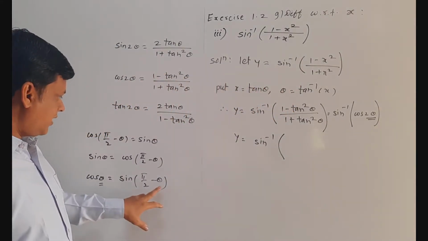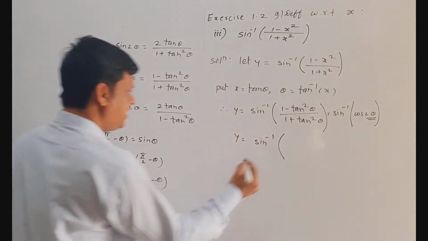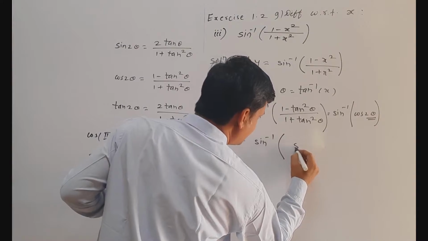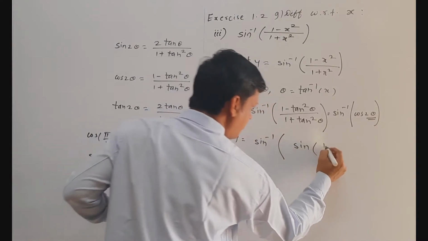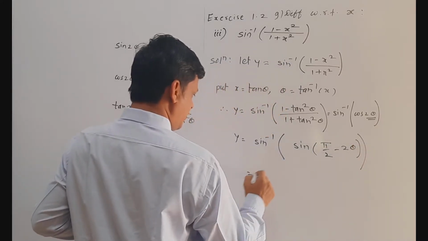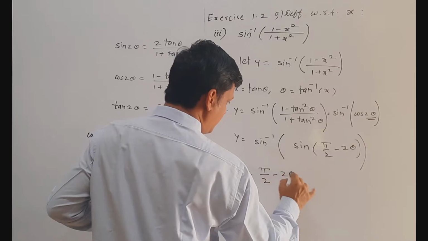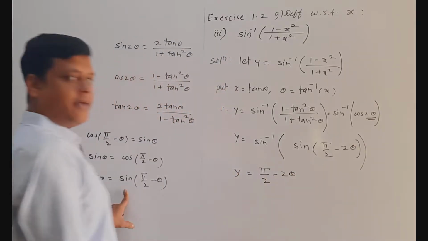So where there is theta we have to replace that theta by 2 theta. So we write here sin inverse of sin of pi by 2 minus 2 theta. So here sin inverse sin get cancelled, we get pi by 2 minus 2 theta as a value of y.